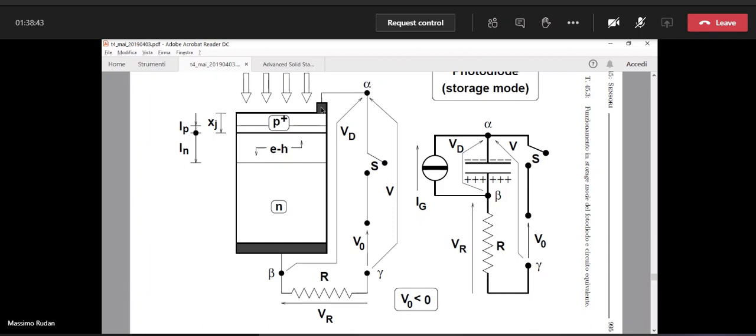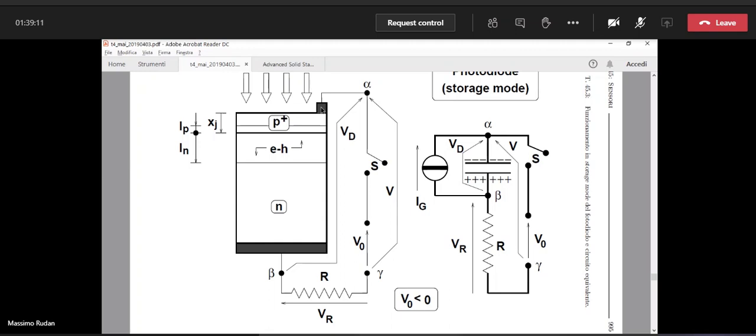In the figure, you can see that at the bottom of the figure, there is a resistance, okay? This resistance is simply the symbol for the input resistance of anything that is attached to the photodiode.